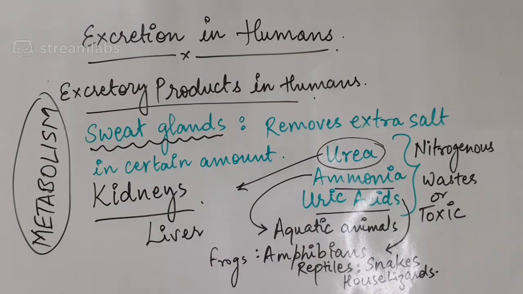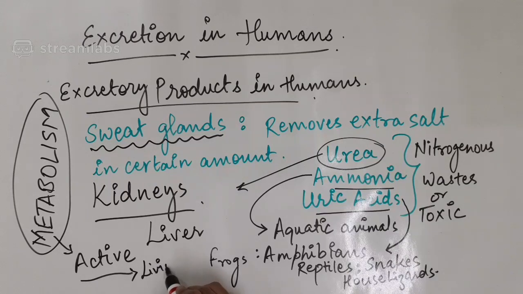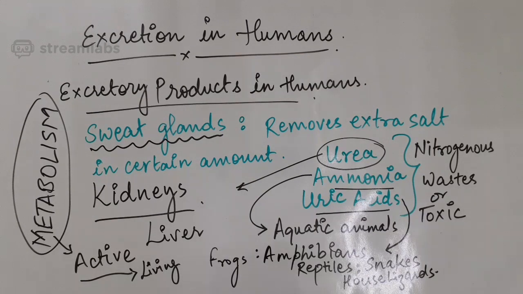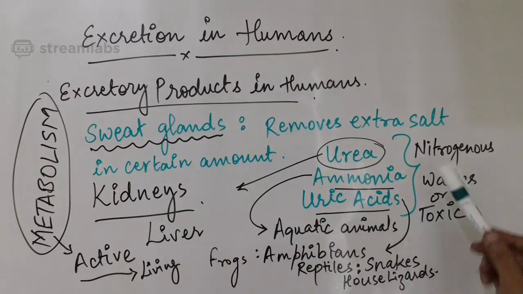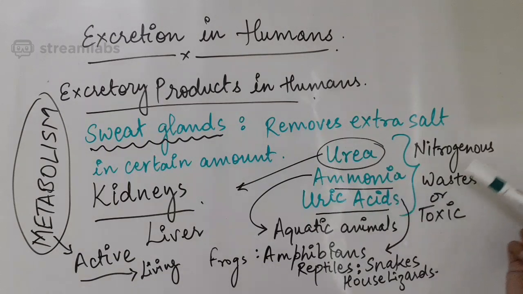Metabolism means everything keeps on running and is active, or you can say is living. This is the major process in animals that distinguishes between the living and non-living or dead. These are the nitrogenous waste compounds.